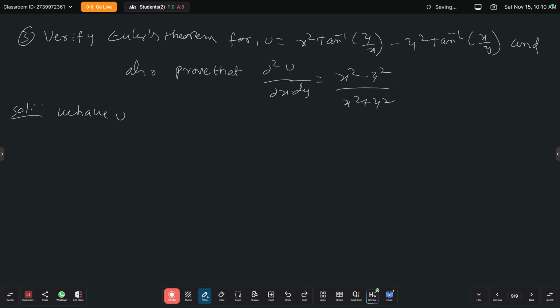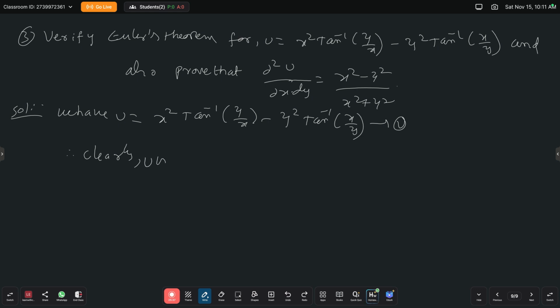Now the solution. We have u equal to the given function x square tan inverse of y by x minus y square tan inverse of x by y, that is equation 1. You observe clearly that u is a homogeneous function of degree 2.